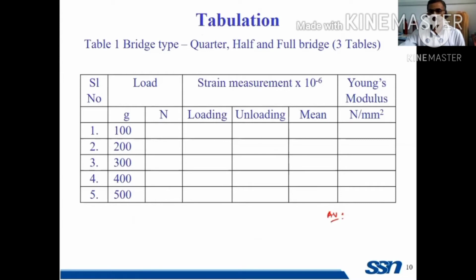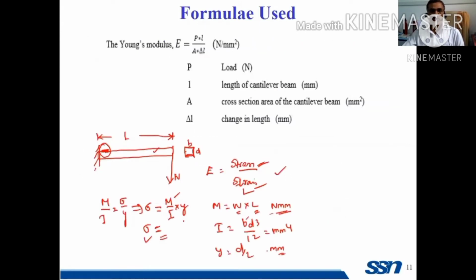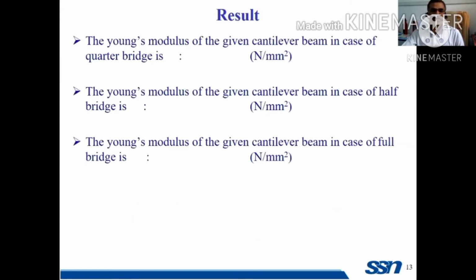The same procedure you can repeat. This is table 1, and similarly you have to prepare 3 tables. This is for the quarter bridge. Similarly, you have to do it for the half bridge and full bridge also. Then model calculations. Then you write the result for the quarter bridge, half bridge, and full bridge.